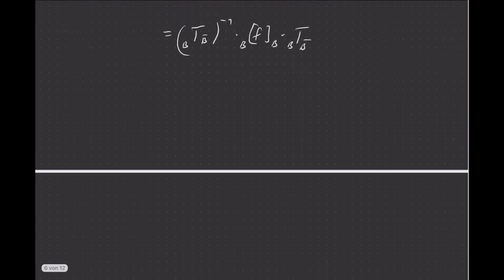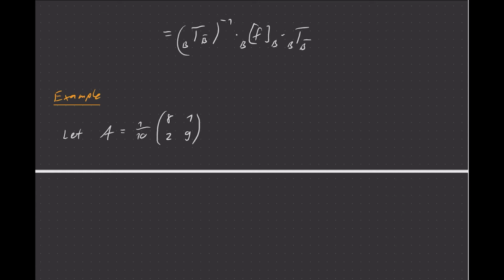Let's have a look at an example before we actually go on. So here's an example of how this is working. Let's say we have a matrix A that's defined as 1 over 10 times (8, 1; 2, 9).